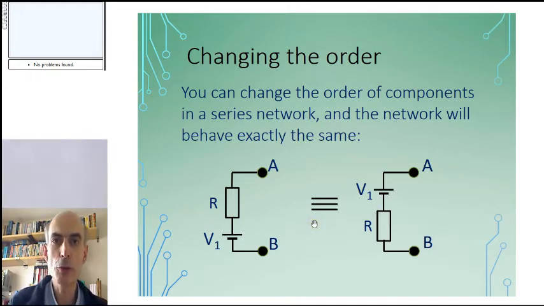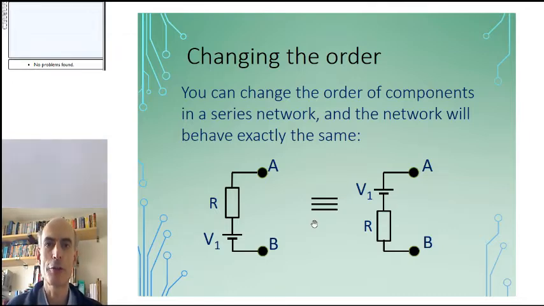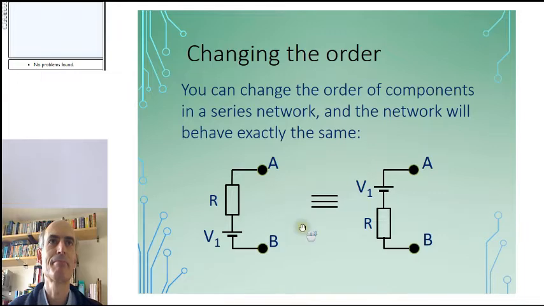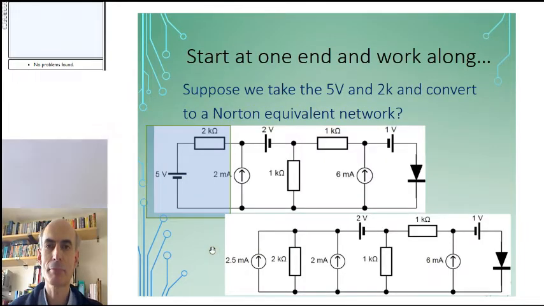Armed with those principles, we are ready to start attacking that circuit using source transformation. And the idea is that we start at one end and we slowly work towards the other end, simplifying the circuit as we go. Stage 1.